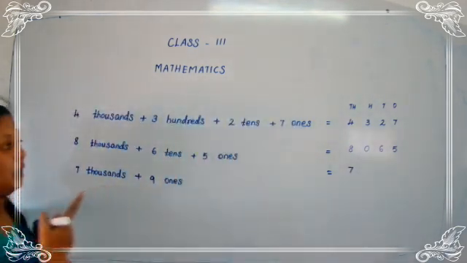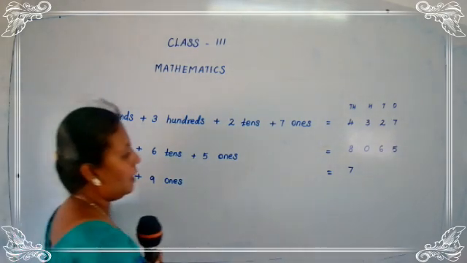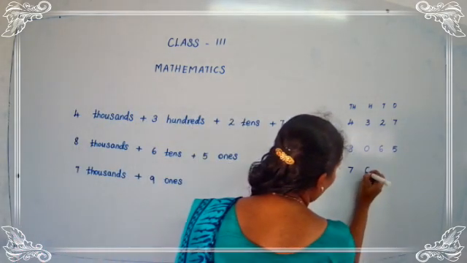Then the next one, the hundreds place. How many hundreds are here? They didn't give the hundreds value. So if there is no value, we can use 0.